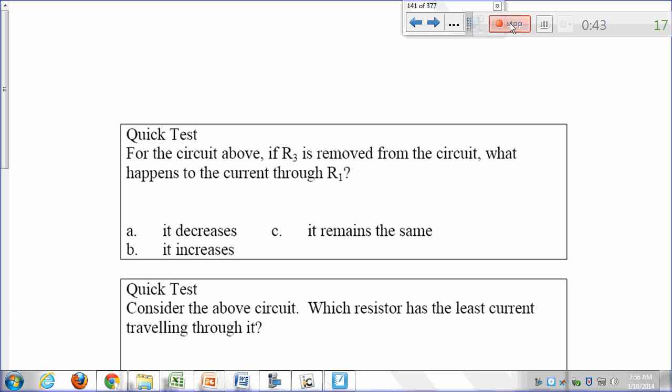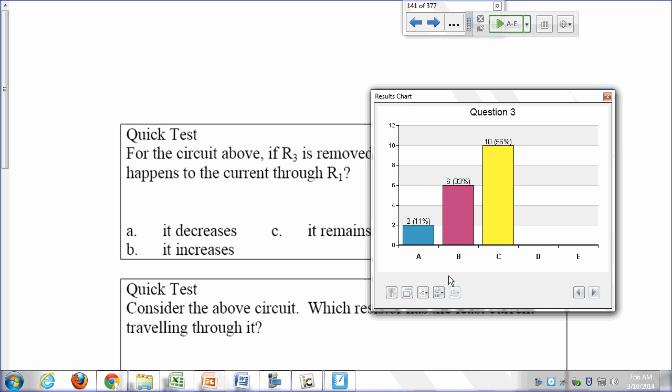All right, so a few more seconds. Let's stop at 50. C is right.